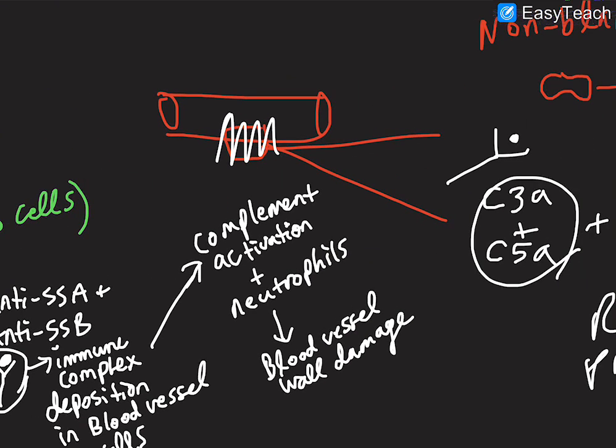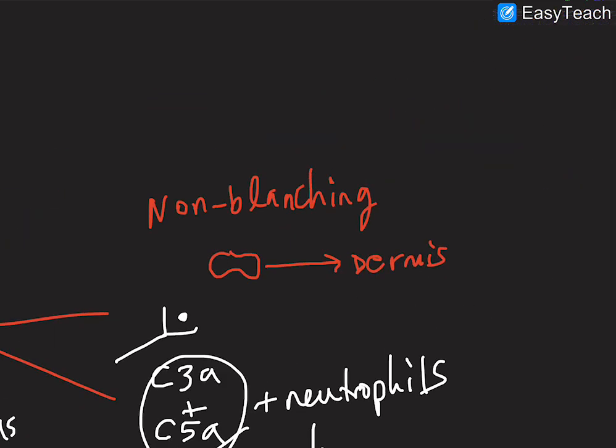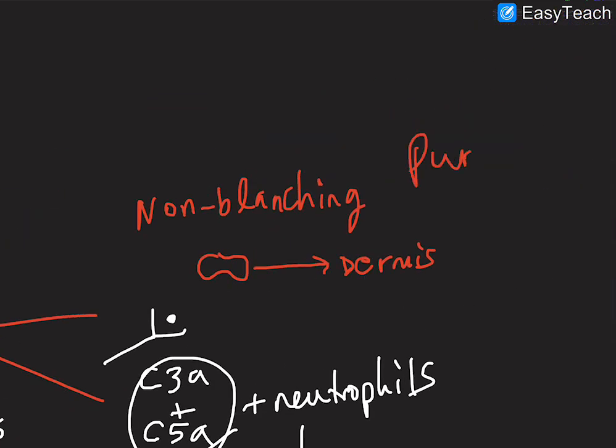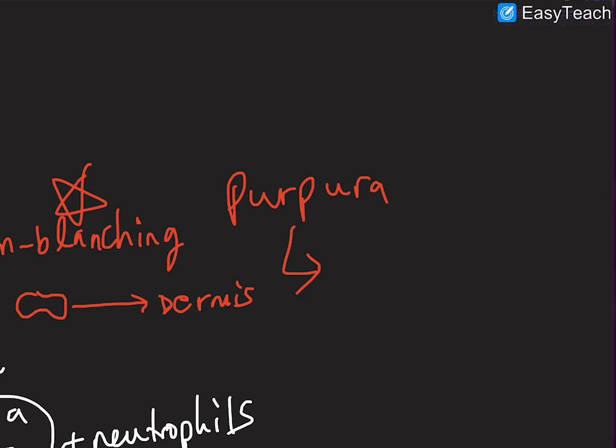So palpable, of course, means if you palpate the purpuric lesion, right, it's going to be raised. Okay. So we said you're going to see purpura, these red purple spots. We said it's going to be non-blanching, and we said it's going to be a palpable purpura, because if you palpate it, you'll feel that it's raised.